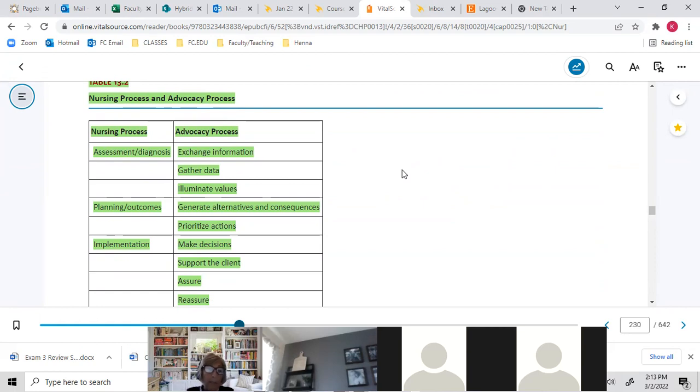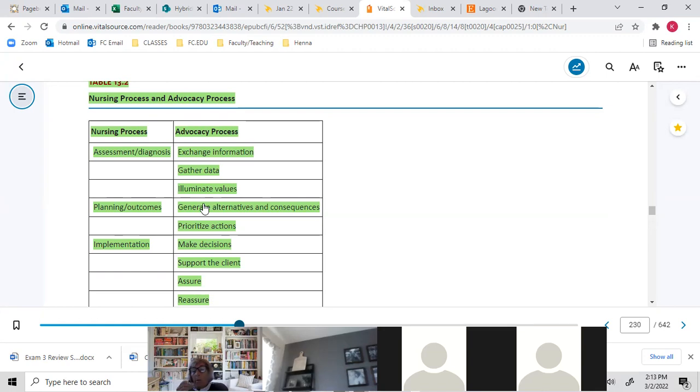For example, in assessment, we want to exchange information, gather data, talk about values. What about planning? We want to generate alternatives, prioritize action.